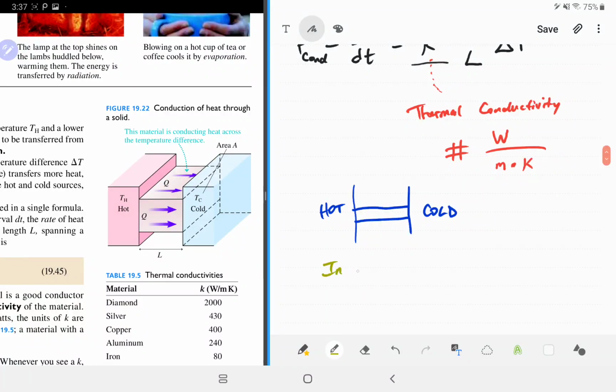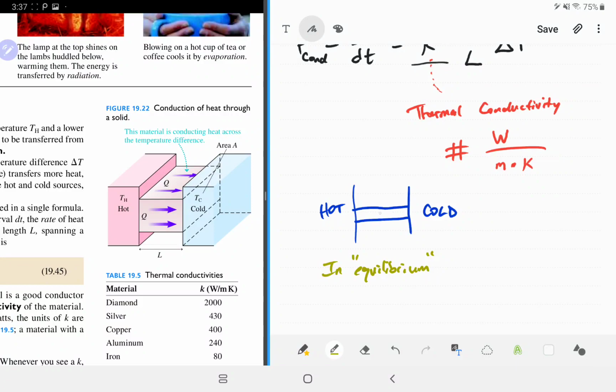So in equilibrium, and I'm going to use this word in quotes because true equilibrium would be these two things being at the same temperature. But I'm imagining these are heat reservoirs, where this thing is so big that it's very hard to change the temperature of it. Imagine the inside and the outside of a house. It's very hard to change the temperature of the outside or the inside of your house.